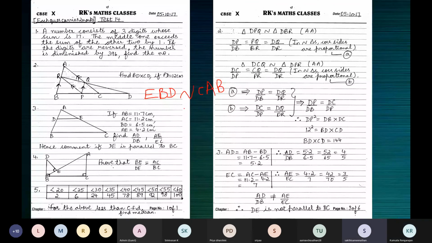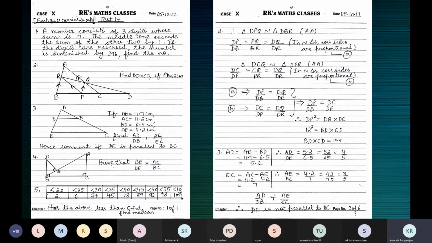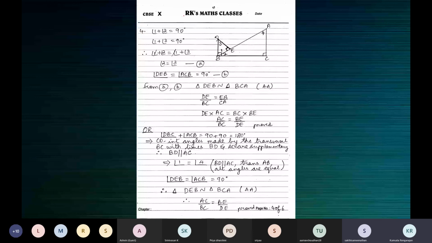Ma'am, we cross multiply. Yeah, correct. EB into CB is equal to ED into CA, and also we get BD by ED is equal to AC by DC. Very good, very confident, Priyadarshini. Any doubt? No. Yeah, one second, let me just show the answer.